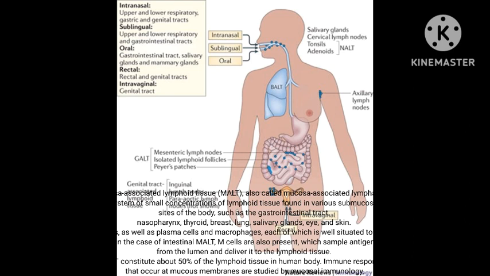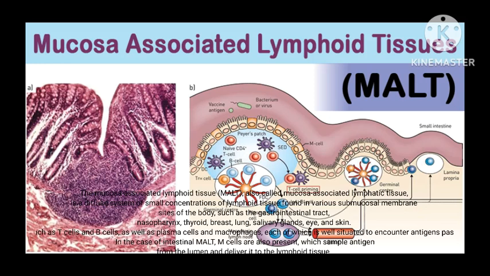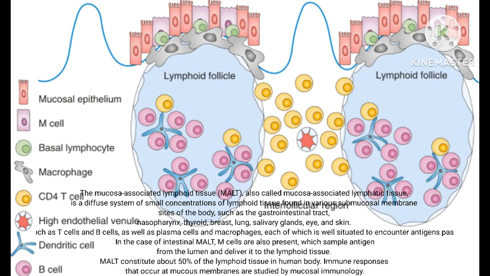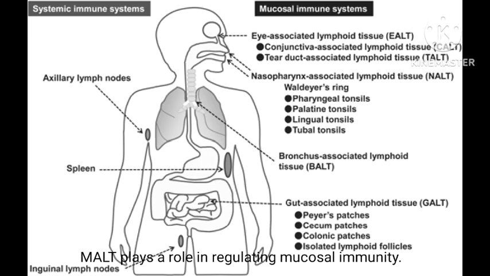MALT is populated by lymphocytes such as T cells and B cells, as well as plasma cells and macrophages, each of which is well situated to encounter antigens passing through the mucosal epithelium. In the case of intestinal MALT, M cells are also present, which sample antigen from the lumen and deliver it to the lymphoid tissue. MALT constitutes about 50% of the lymphoid tissue in the human body. Immune responses that occur at mucous membranes are studied by mucosal immunology. MALT plays a role in regulating mucosal immunity.